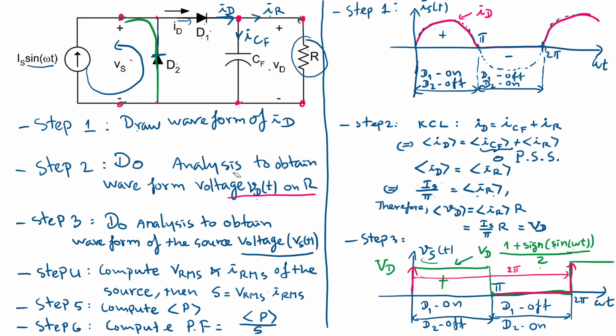Then step 2, do the analysis to obtain the waveform of voltage VD. And step 3, do the analysis to obtain the waveform of the source. After you get the waveform of VD here, you do the analysis to get the waveform of the voltage at the source here.